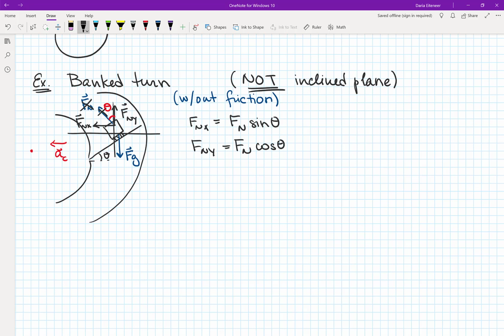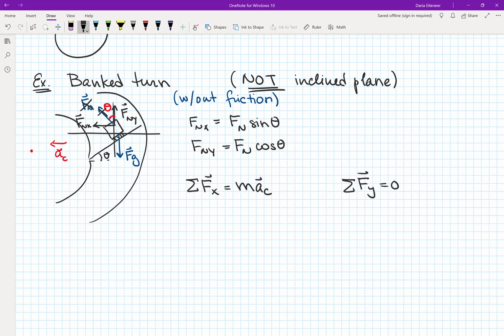The proof of that is very similar to the inclined plane. What I'm not doing here is I'm not lining up the coordinate axes to the plane itself. So I have acceleration in the x direction, and that's specifically centripetal acceleration. In the y direction, nothing is happening, right?